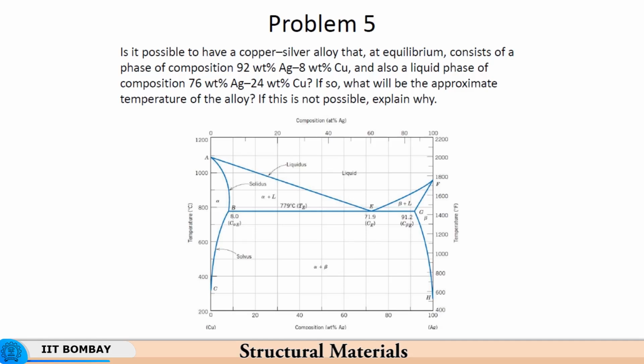The beta has 92% silver and 8% copper, and the liquid has this chemical composition. Now the question is: is it possible to have an alloy which would, at some temperature, have this composition of the solid and this composition of the liquid?